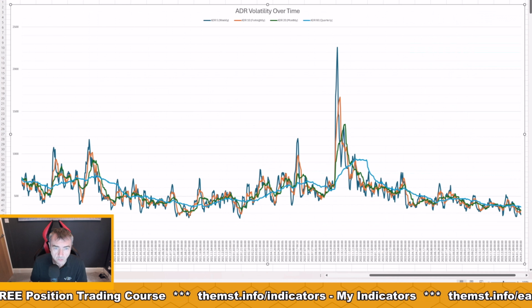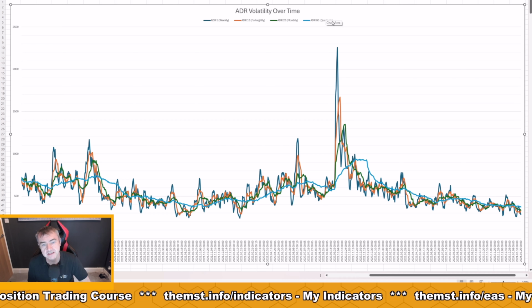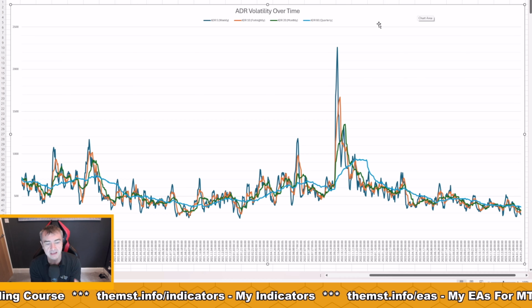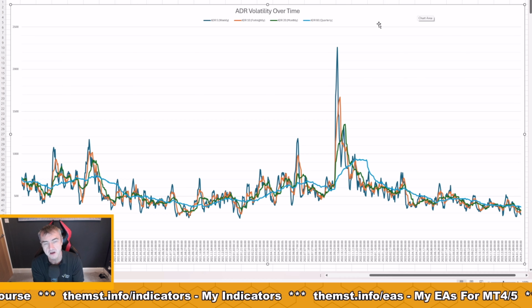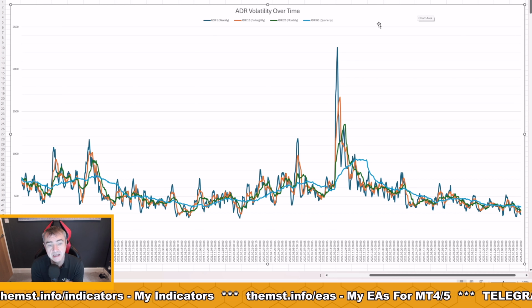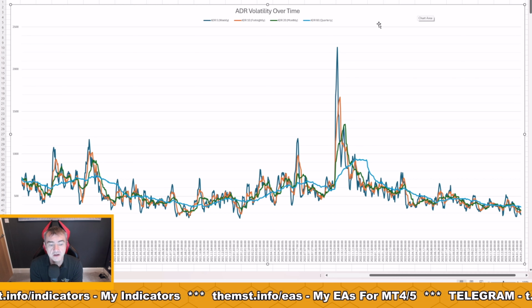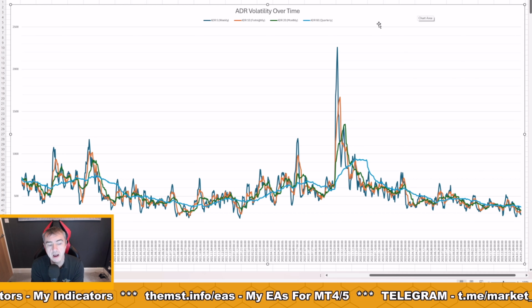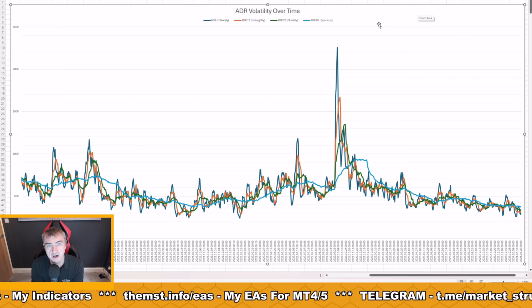So what I've got here is an ADR volatility over time chart. What we've done is taken the average daily range for the last 4 years. I've done a test using the Position Trader EA and extracted all the data over a 4-year period from the strategy tester to monitor what the ADR figures are.